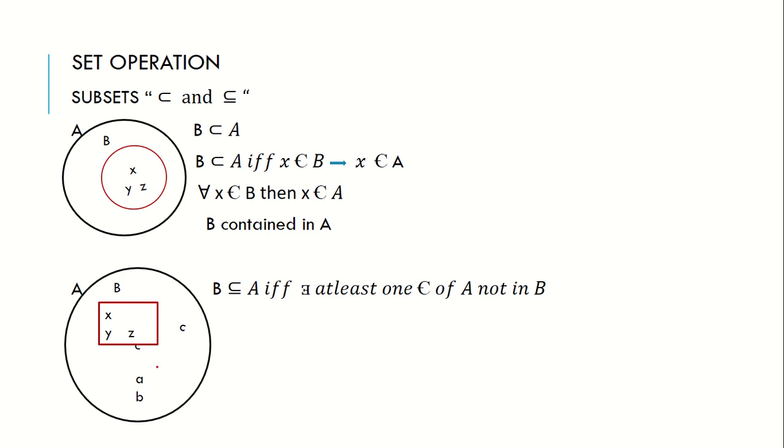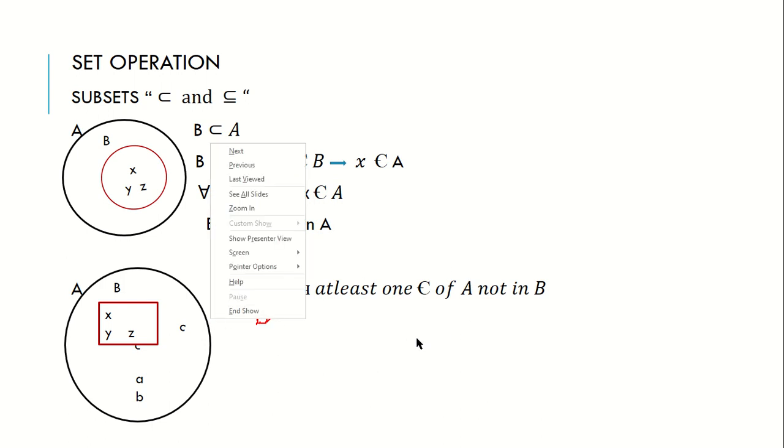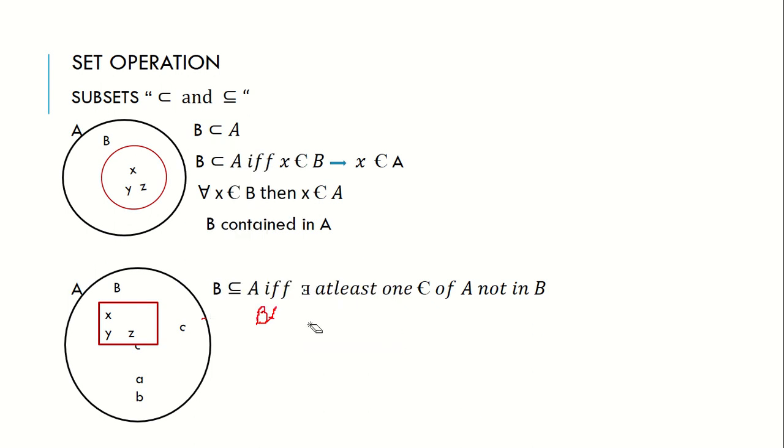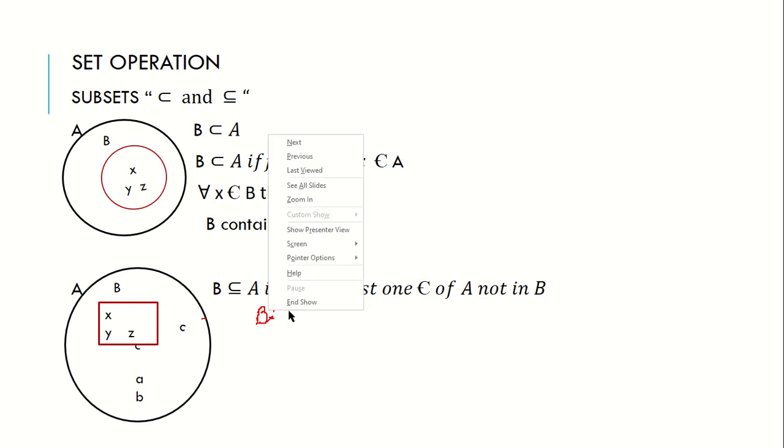And the second illustration: B is a proper subset of A if and only if there exists at least one element of A not in B. B has the elements x, y, z. And outside B, as you see, we still have elements a, b, c.